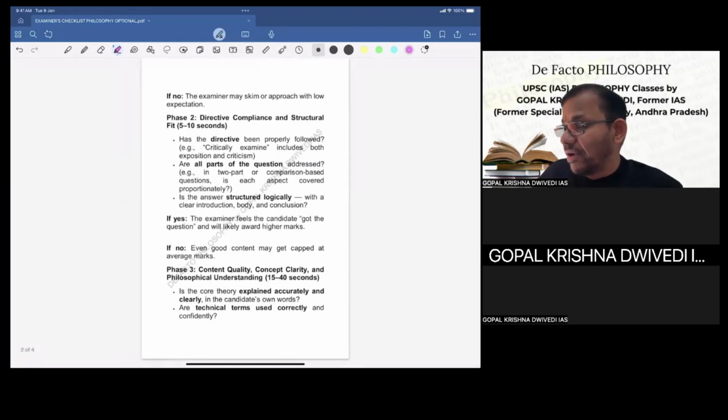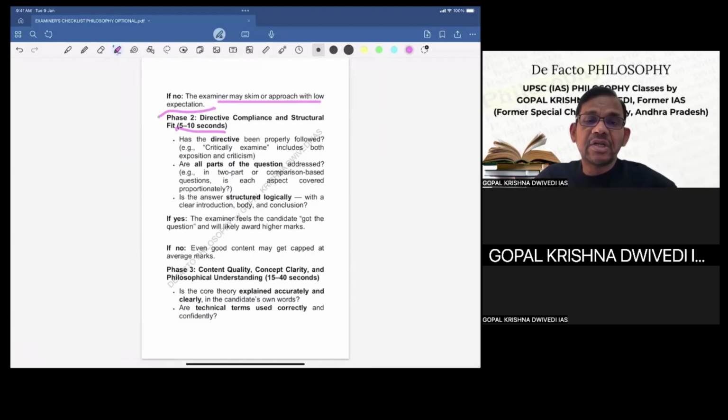Otherwise, the examiner may skim or approach with low expectation. So in the beginning itself, the expectation will be low. Then straightaway you may fall in the average or poor category. Now in phase two, which is again very important, he will spend about 5 to 10 seconds. In this, he will like to see directive compliance and structural fit.